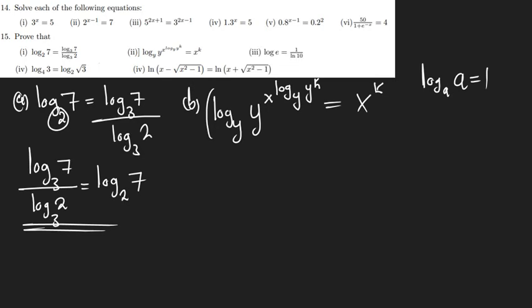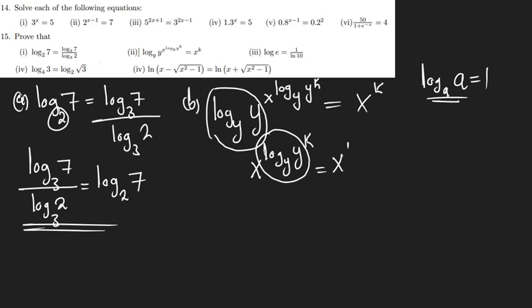So this part here is equal to 1, and 1 multiplied by x is going to be x. Then log base y of y to the power k, this part is the same and it is still a 1. 1 multiplied by k is going to be k. So it's going to be x to the power k, and that is equal to x to the power k.